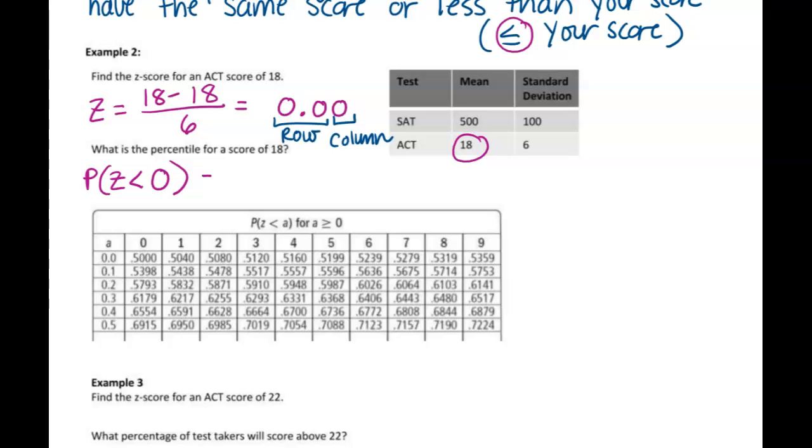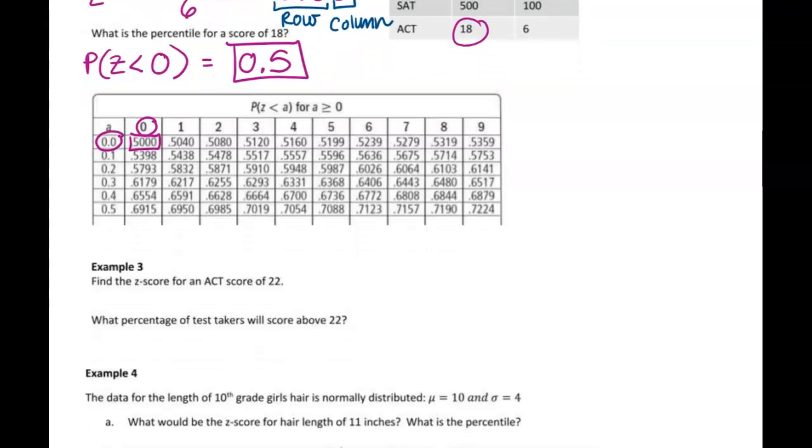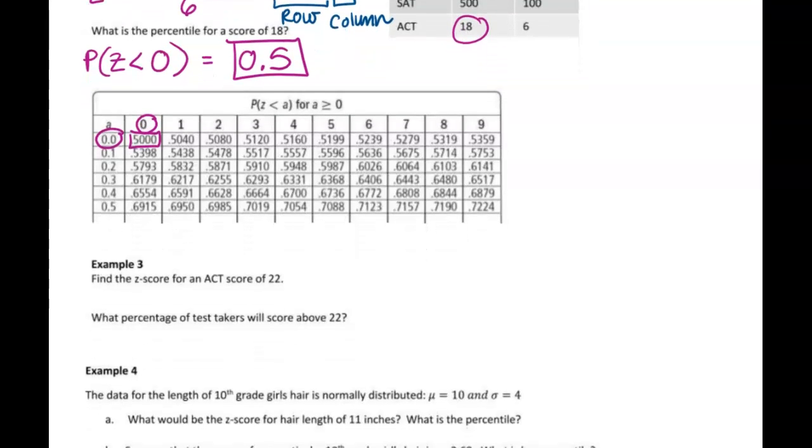So we're going to look for 0.0 in the row, so right there, and then 0 in the column. So those meet right there at 0.5000. So the probability that z is less than 0 is 0.5. Okay, so our percentile is 0.5. Or like 50th percentile, right?